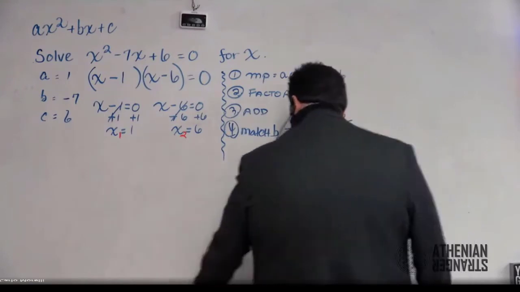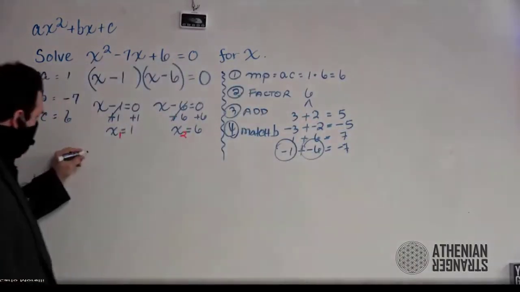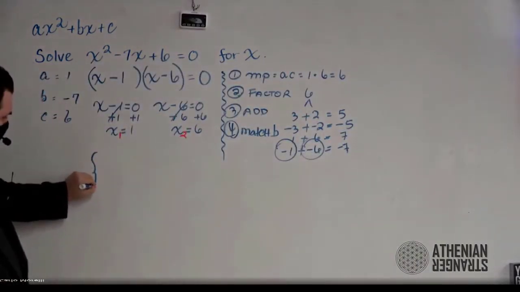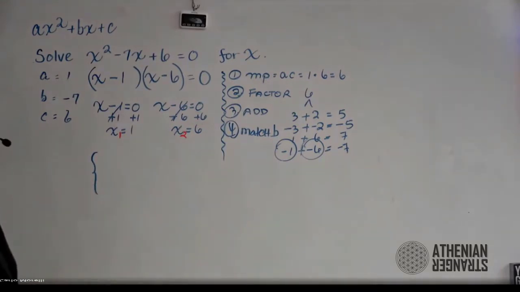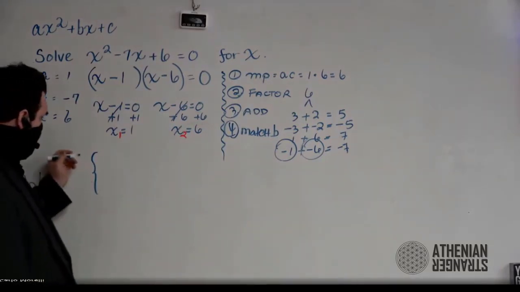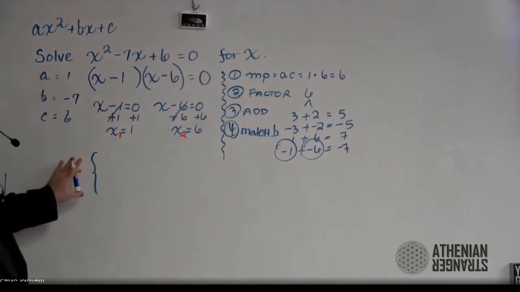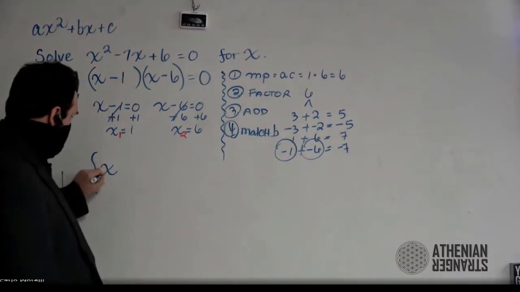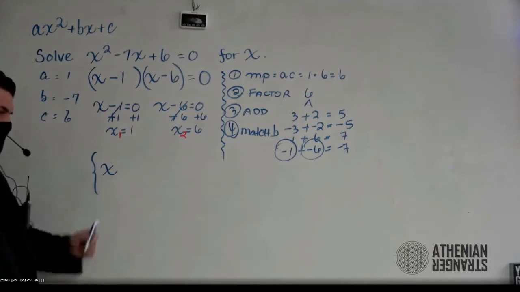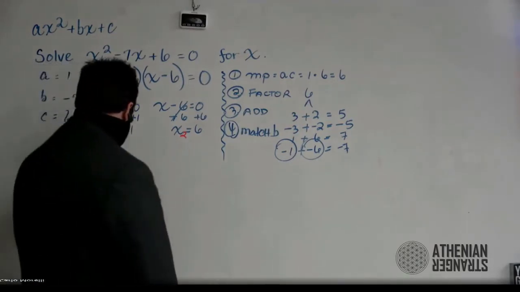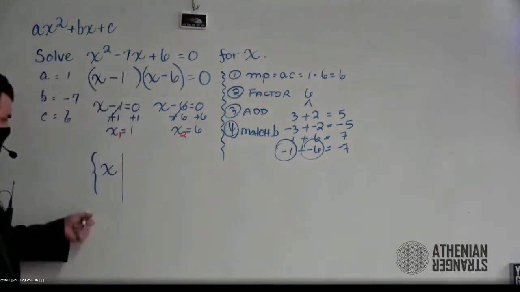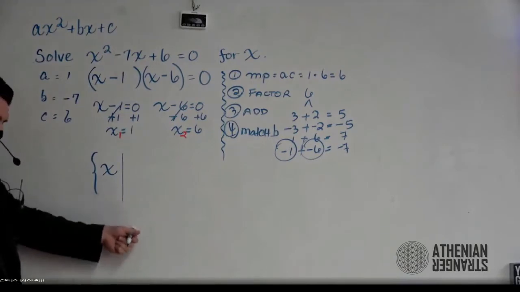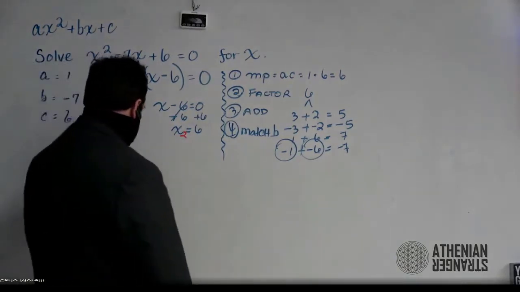And finally, we write it like this. Open curly brace, which means the set of all, and then we write an x, the set of all x, and then we put a vertical line, the set of all x such that, and then we write an x.